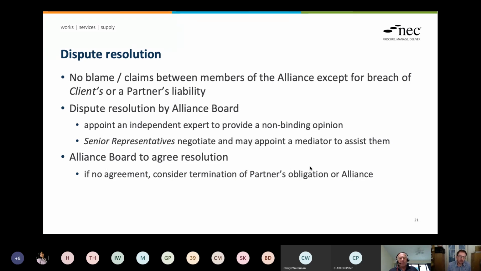I'm not sure about going to litigation or arbitration, but they're saying, look, the show goes on. We've got to bottom this out. So if we can't sort this out, we're either going to bring the alliance to an end, which is a highly unlikely step unless you're on day one of a 4-year project or something like that, or let's get rid of that one particular partner, because that partner could be the thorn in the side.